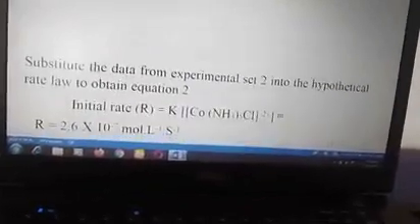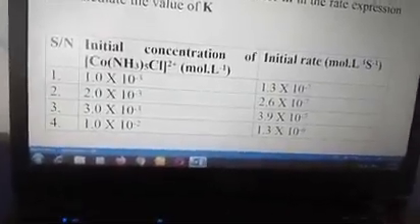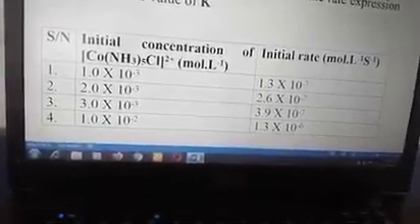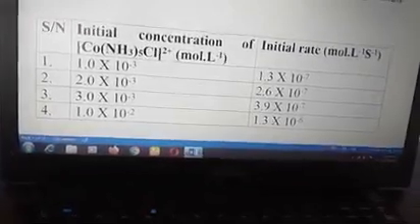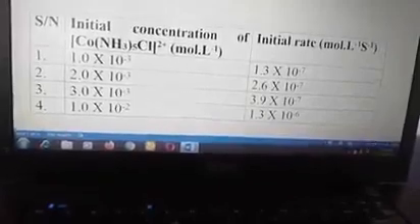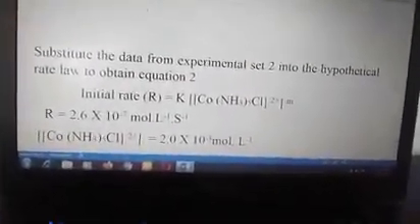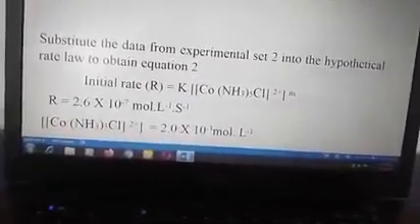Repeat the same thing using experimental set 2. So for experimental set 2, let's go to the table and find out. From the table, the concentration of the cobalt complex in experimental set 2 is 2.0 × 10^-3, while the rate is 2.6 × 10^-7. So we substitute the data from experimental set 2 into the hypothetical rate law to obtain equation 2.